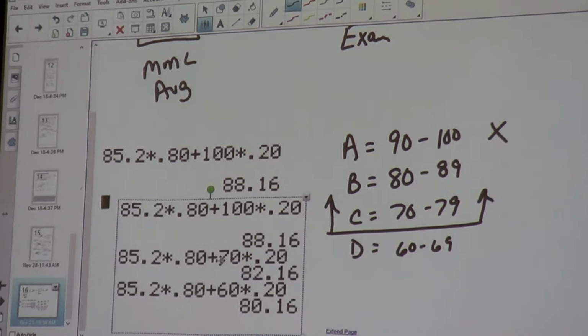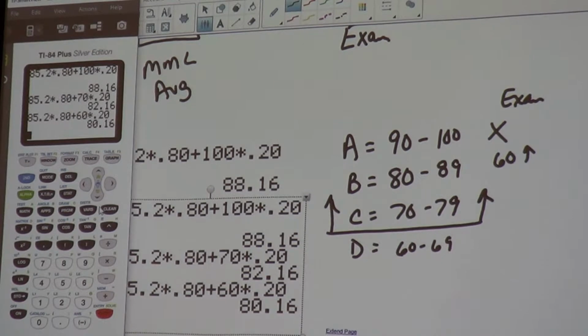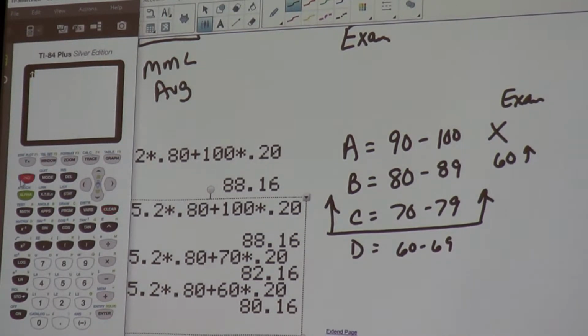Yes. So that means on my exam, I can make a 60 or higher and still get a B in the class. So then let me say, okay, what about a C?